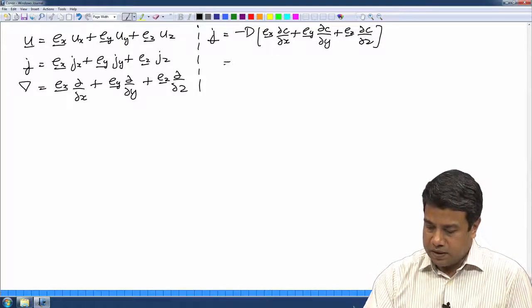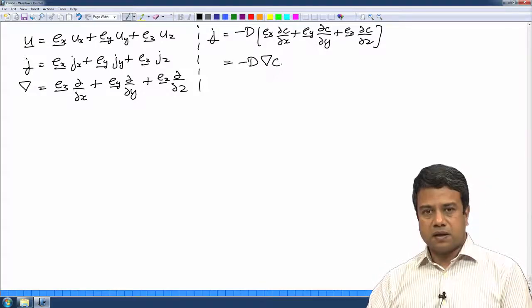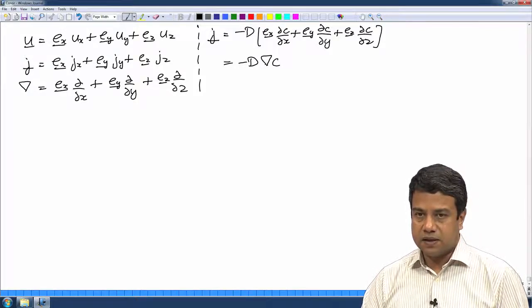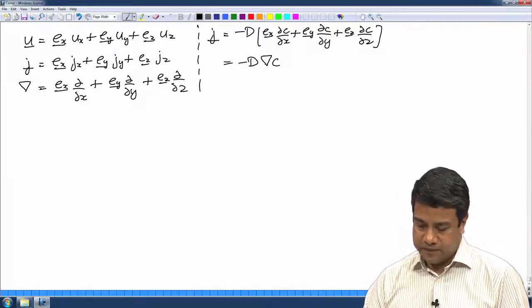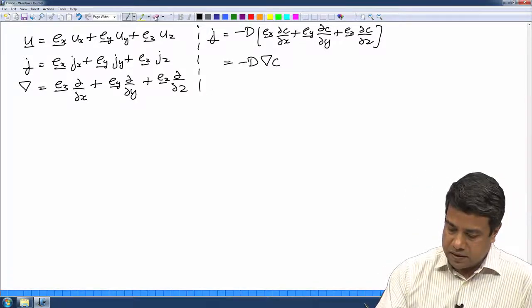This I had written as minus D times the gradient of the concentration. Concentration is a scalar, that gradient operator is a vector. So, I get a flux that is a vector.